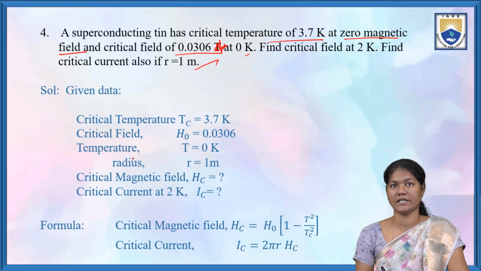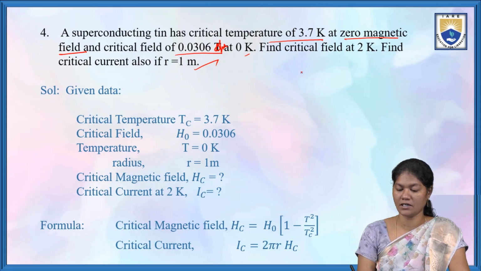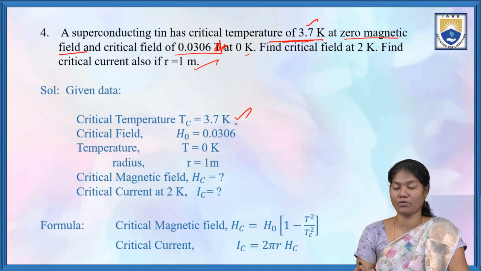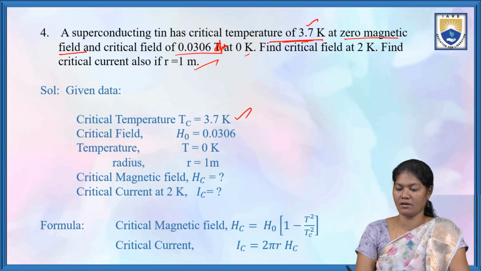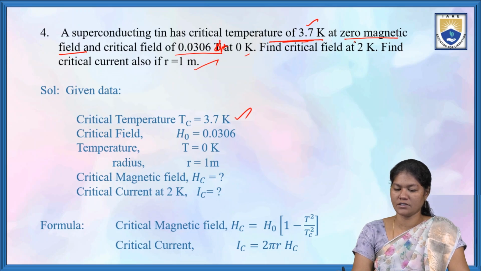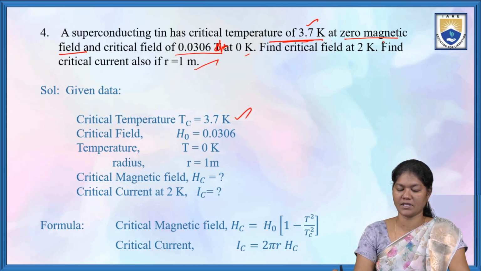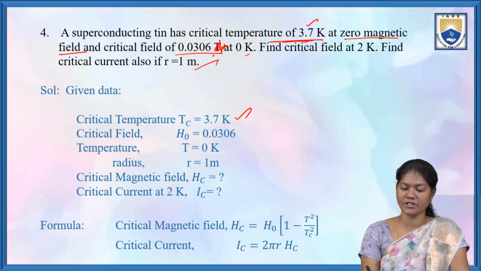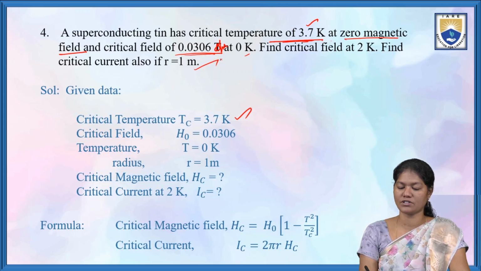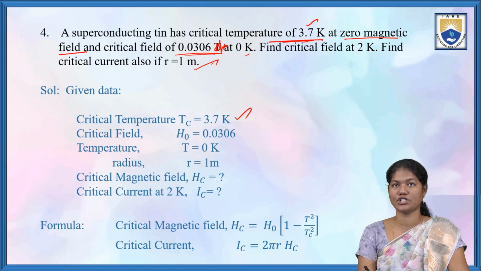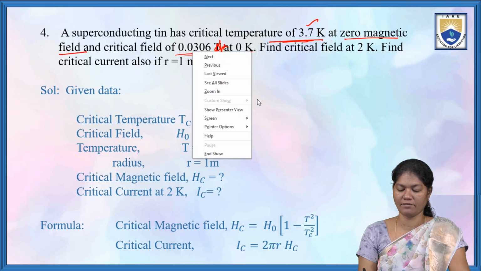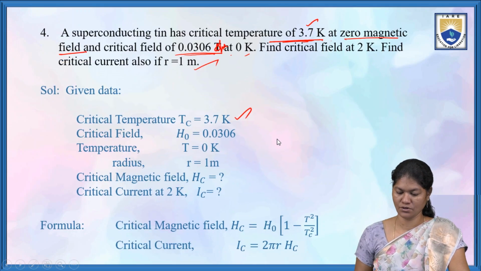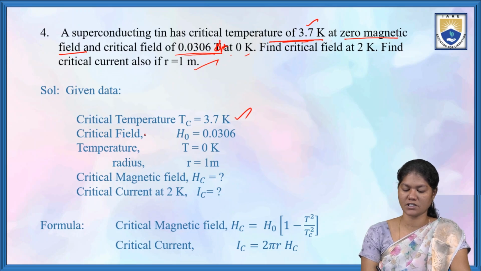So critical current, right? Given data: critical temperature Tc is equal to 3.7 degree Kelvin, which is at zero magnetic field. The critical field of 0.0306 ampere per meter at 0 degree Kelvin. So H naught is equal to 0.0306 ampere per meter, the critical field at 0 degree Kelvin.